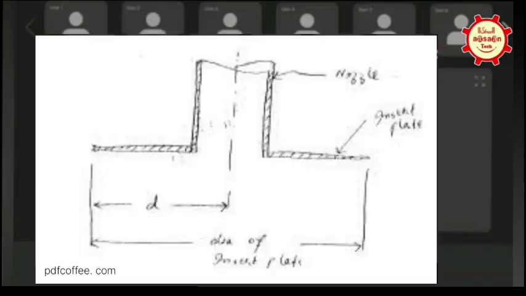What is the diameter of the vessel? It's 1.3 meter. And what is the nozzle size you are talking about? Nozzle size is around 8 inch. Okay, so you can put an insert plate. Generally, what is the thickness you are getting for the shell?